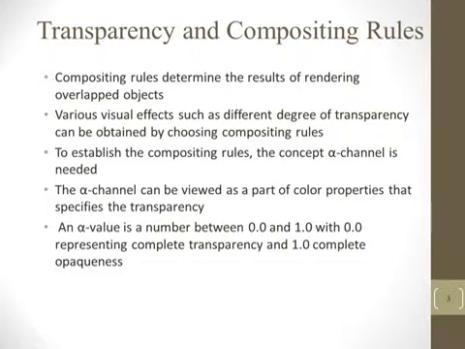To establish the compositing rule, the concept of alpha channel is needed. The alpha channel can be viewed as a part of color properties that specify the transparency. An alpha value is a number between 0 and 1, with 0 representing complete transparency and 1 complete opaqueness.